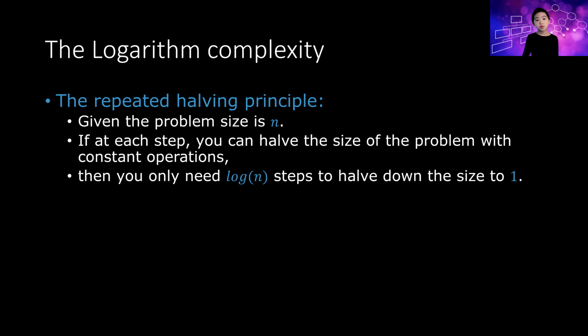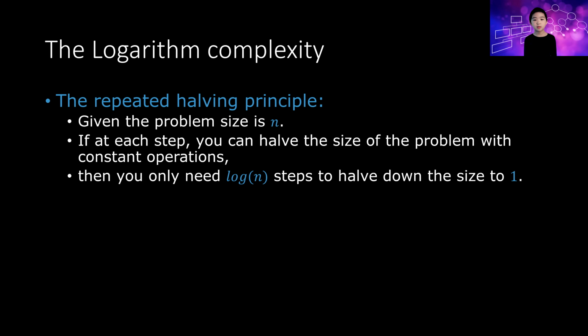So far, we've talked about a few different categories of complexities, such as the constant time, O(1), linear complexity, O(n), and polynomial complexities, O(n squared), O(n cubed), etc. There's another category of complexities called the logarithmic complexity.